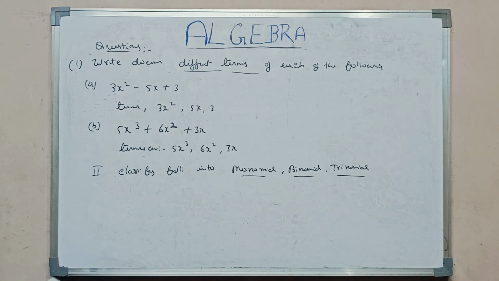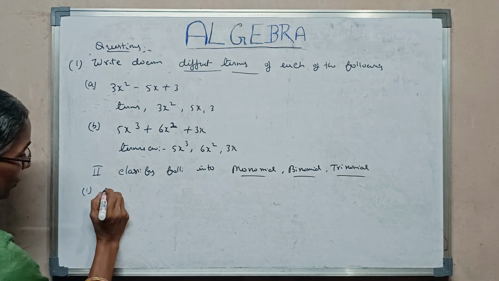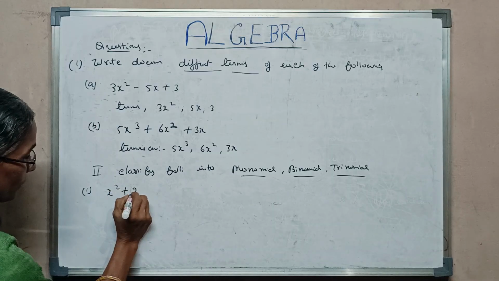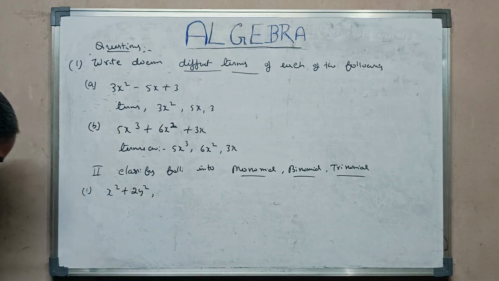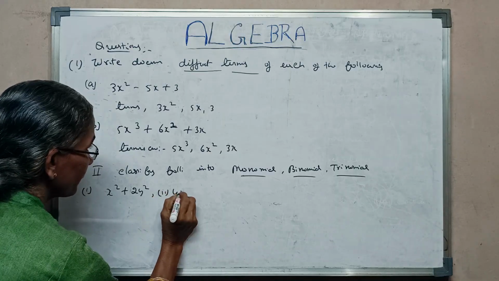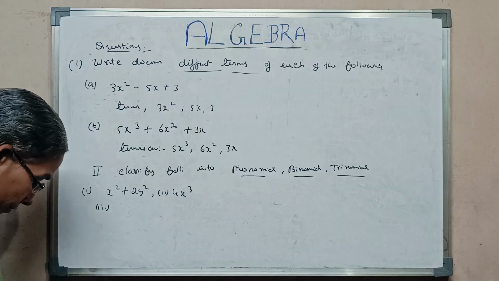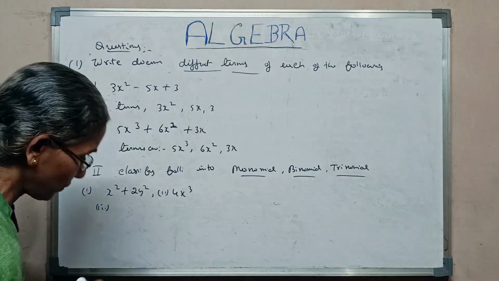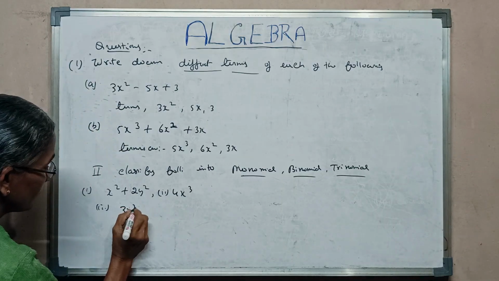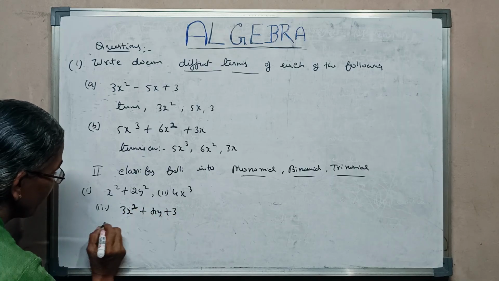So the question is: first, x square plus 2y square. Second, 4x cube. Third, 3x square plus 4y plus 3.